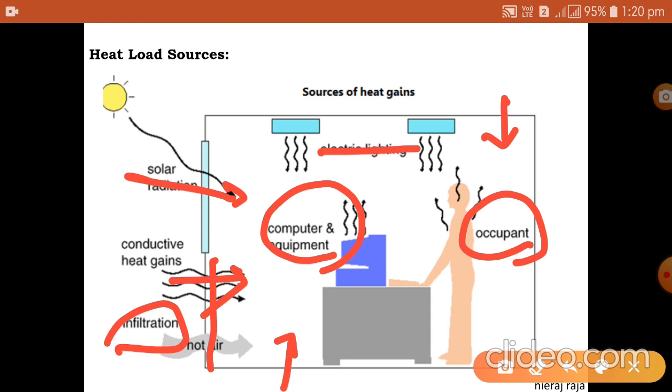Then the electric lighting, different motors, machineries and refrigerators are again a few sources of heat.